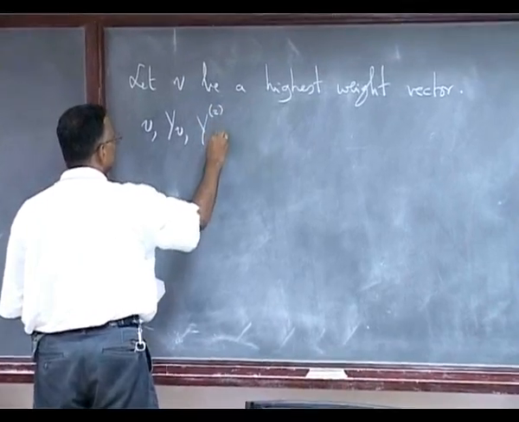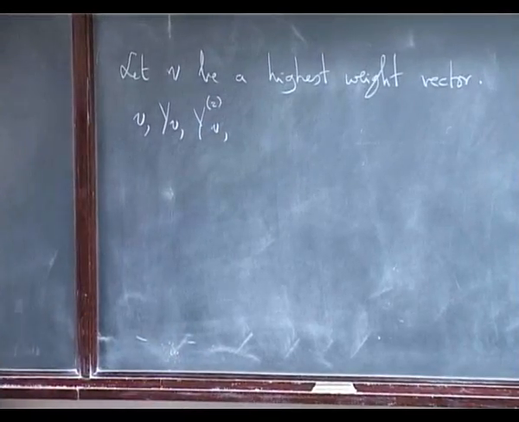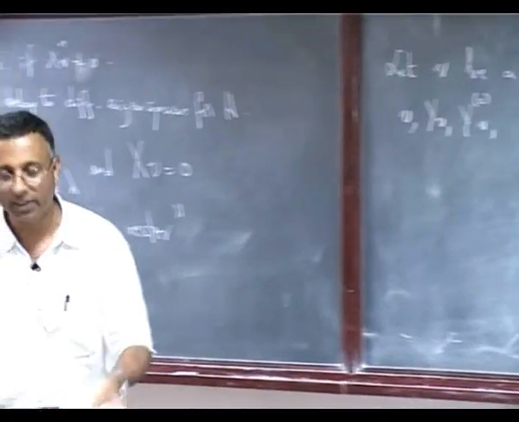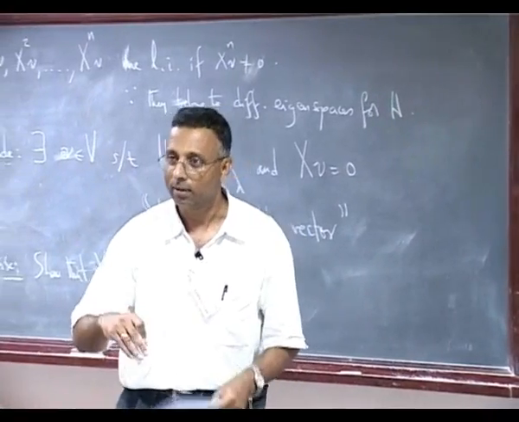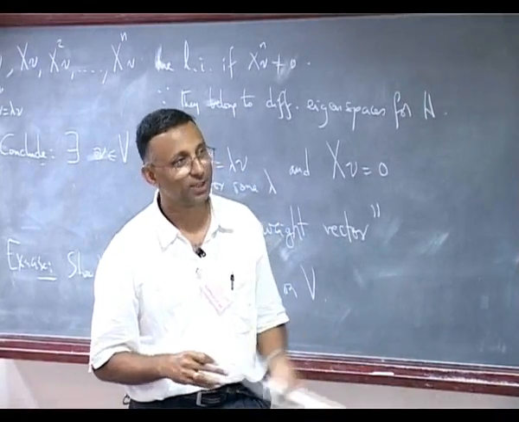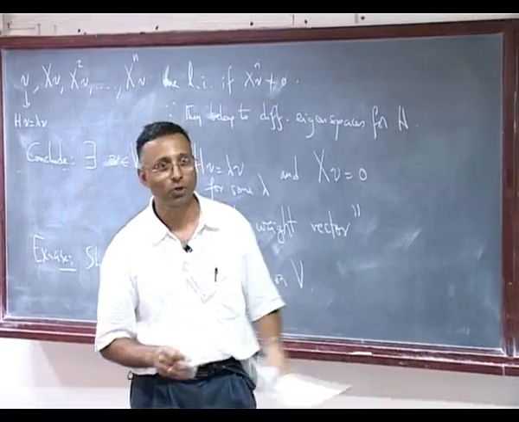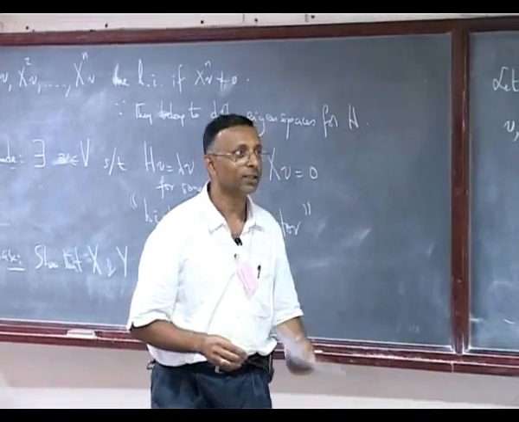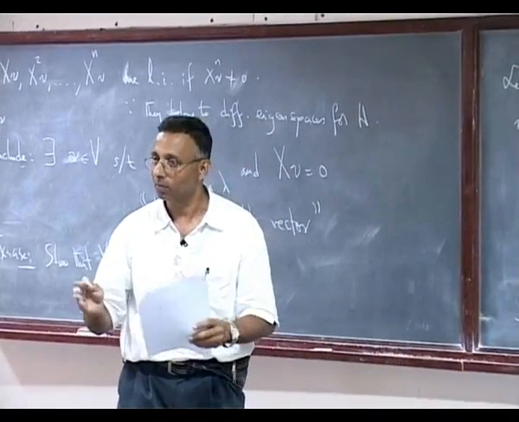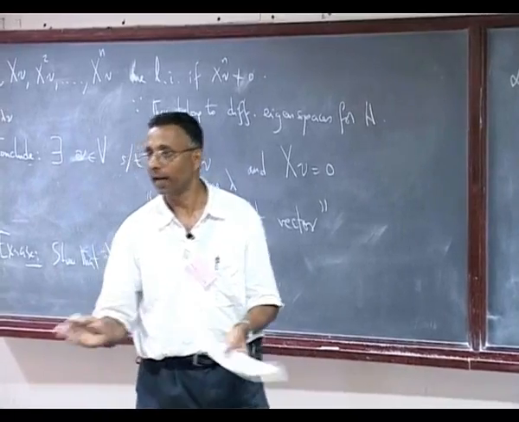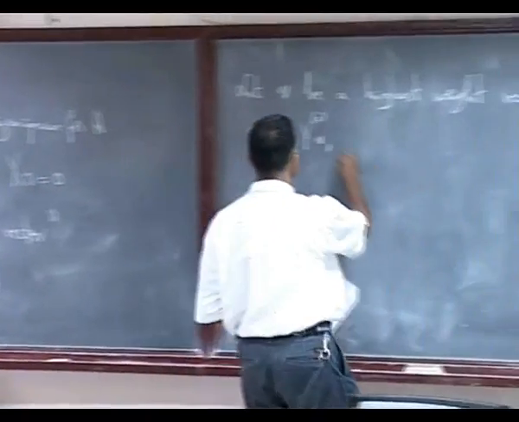Now I use divided power notation. I think Humphreys doesn't, but I urge you to use it in spite of what Humphreys does, because you will save yourself a lot of trouble and things will be clarified if you use divided power notation.